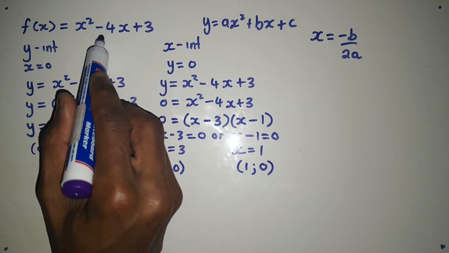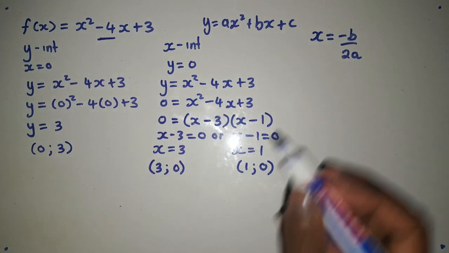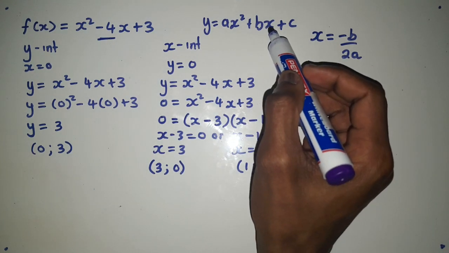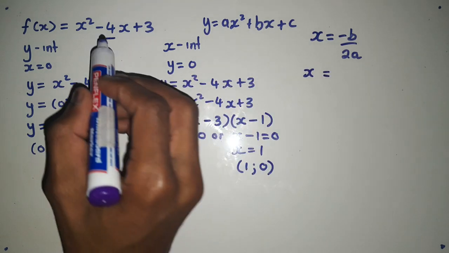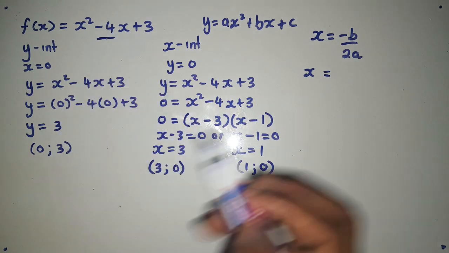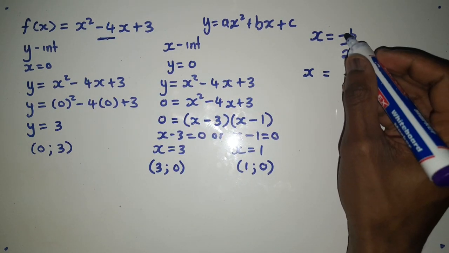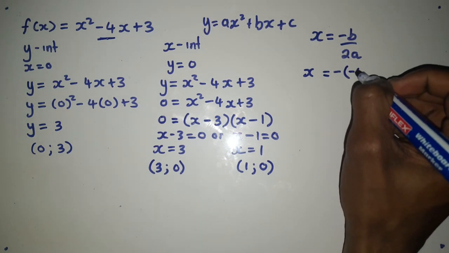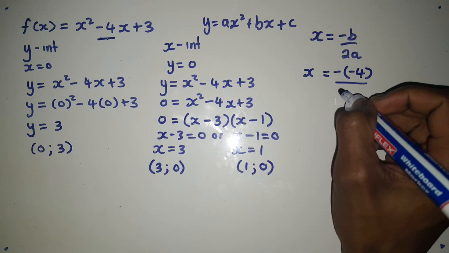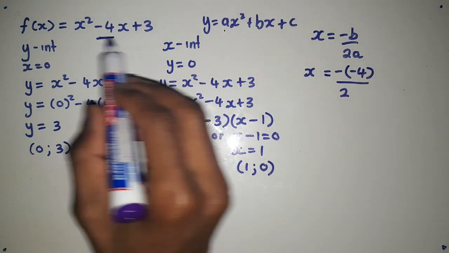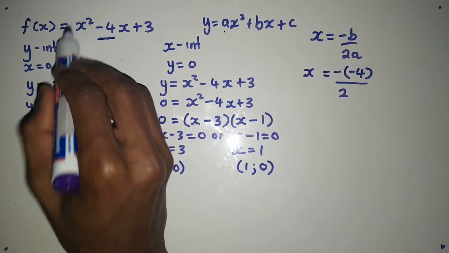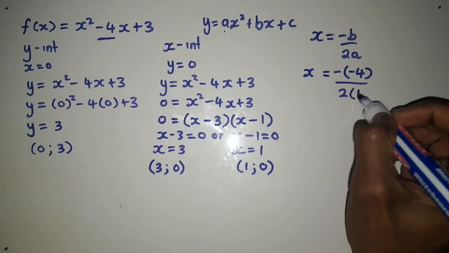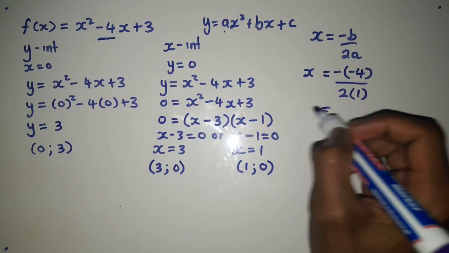In this case, we are going to take -4. Our formula has a negative, so you open a bracket, take -4, then close. Then 2, and our a in this case is 1.